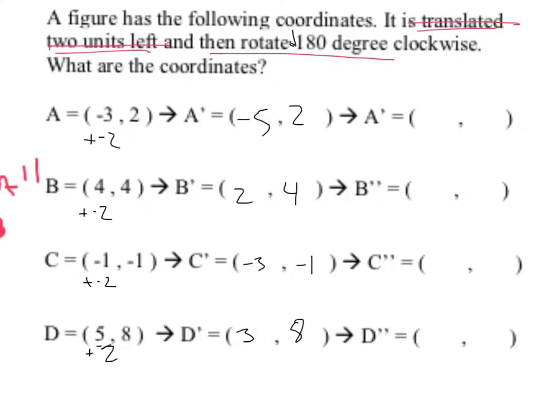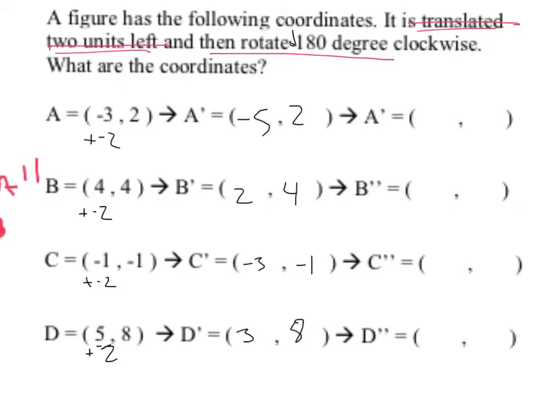Then it's rotated 180 degrees clockwise. How does that change my coordinates? How does a 180 degree rotation change my coordinates? Tarak, how does a 180 degree rotation change my coordinates? Look back at your do now. You just created these rules.